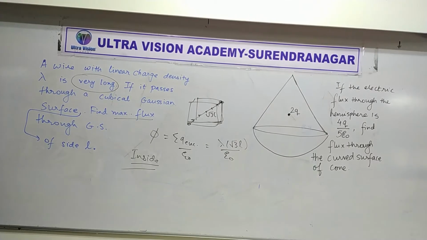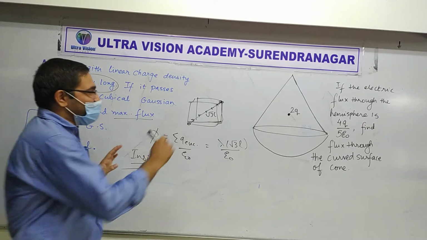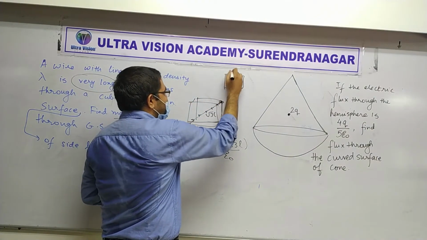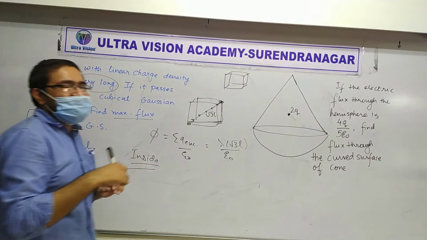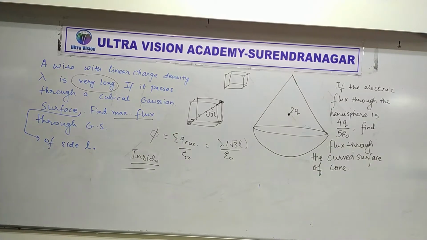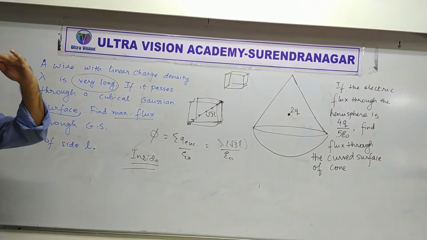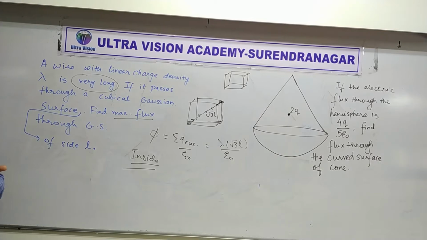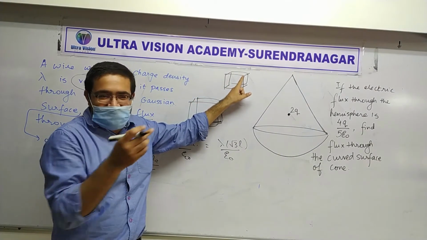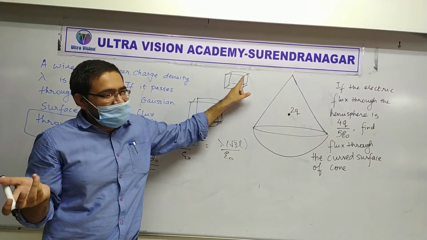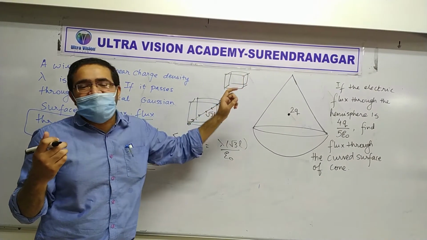Even if you say we have to pass it through the cube, I have a way to make it 0. Just make it touch the corner. In that case, there will be negligible charge in the cube, and negligible charge means negligible flux.